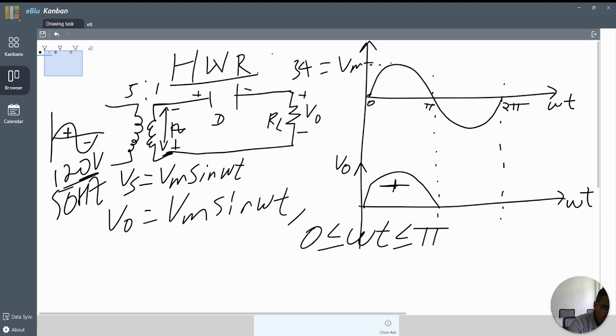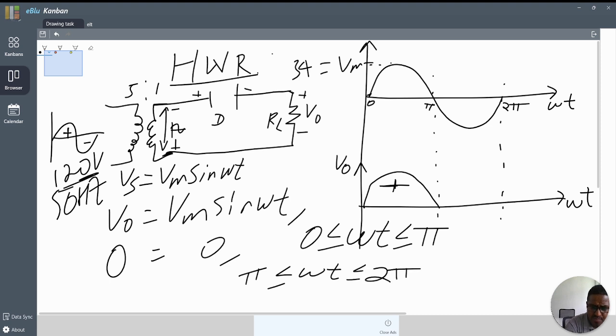So our output V out becomes 0, from where to where? From pi less than or equal to omega t, less than or equal to 2 pi. This is the limit. So during reverse, our output becomes 0.